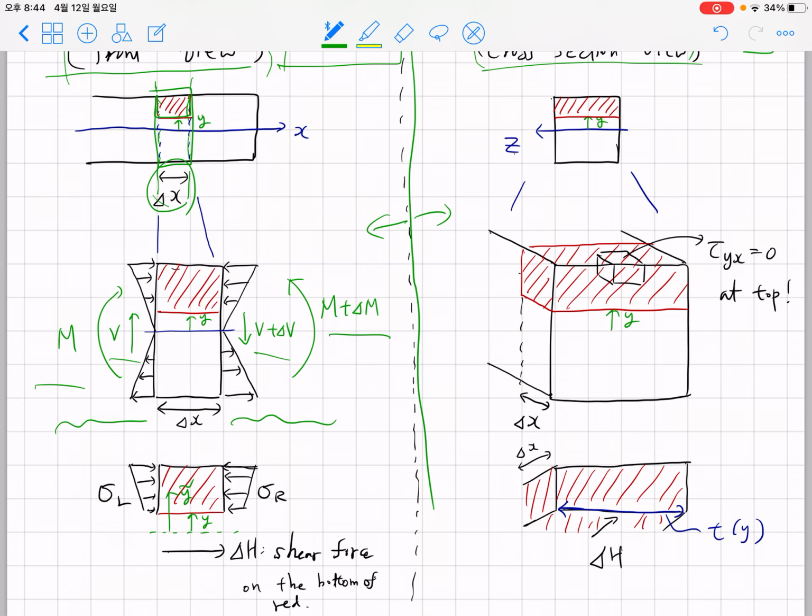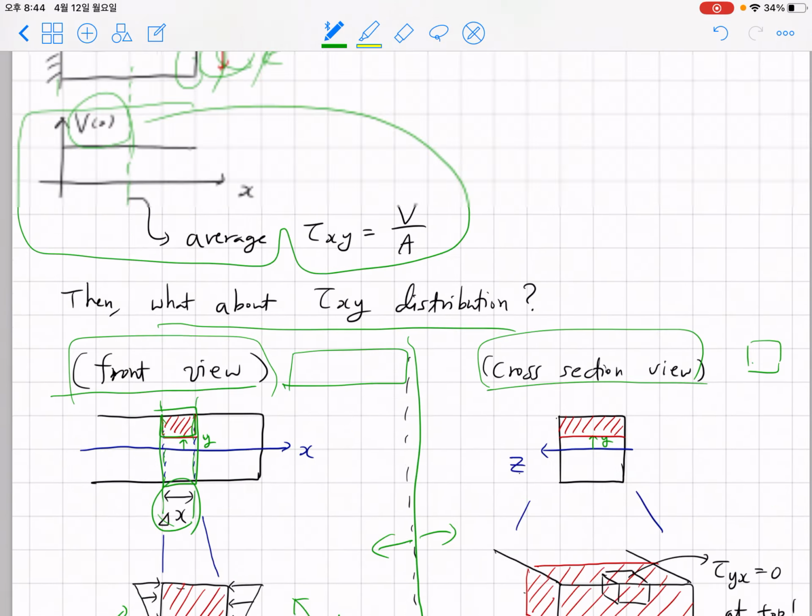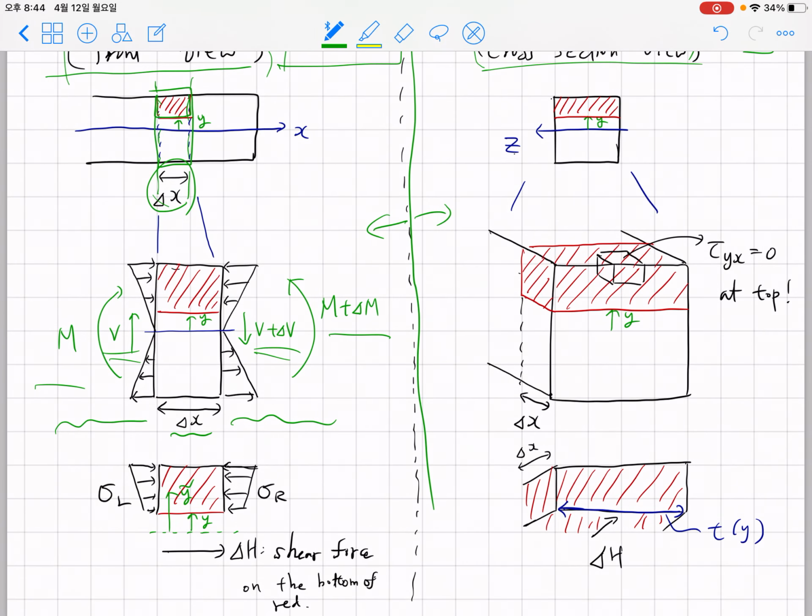Of course, the left side and right side force and moment would be different because you have a distance delta x. At least for this specific problem, V and V plus delta V will be the same. But if you consider the general case, V and V plus delta V will not be equal to each other.